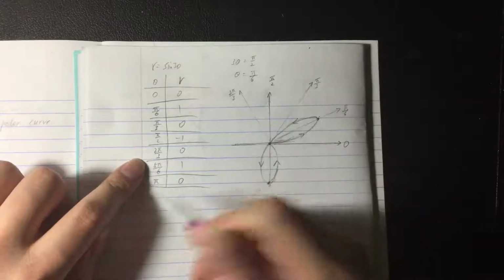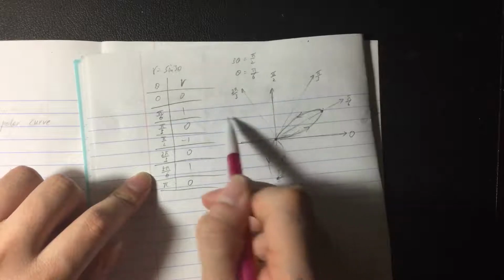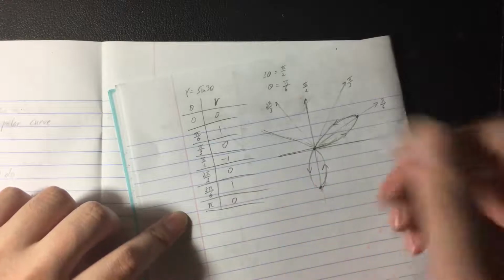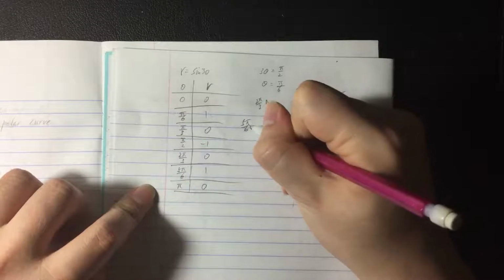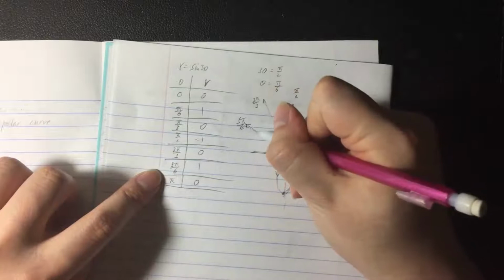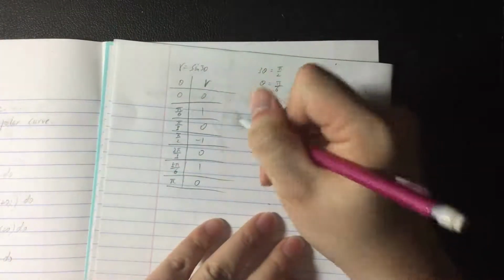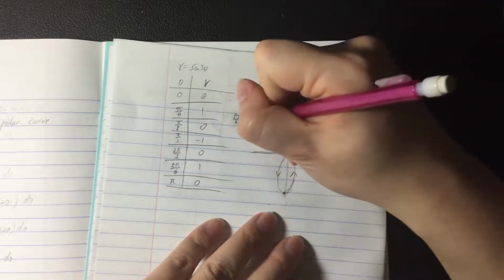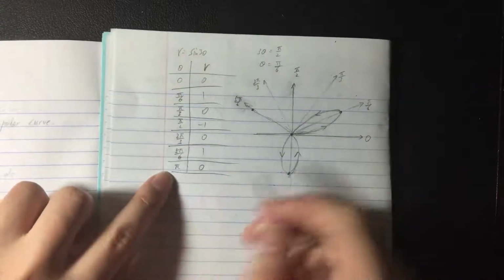Next, let's continue. When theta is 5 pi over 6, r is 1. So somewhere here. When theta is pi, r is 0.